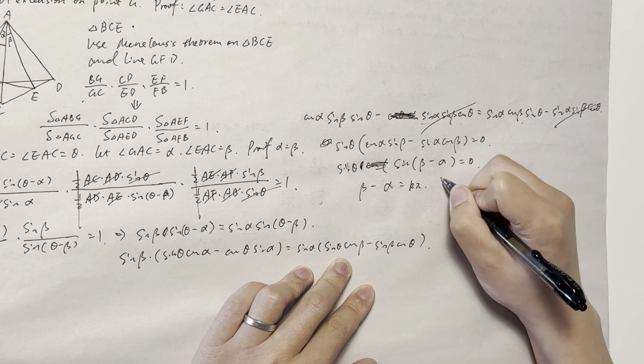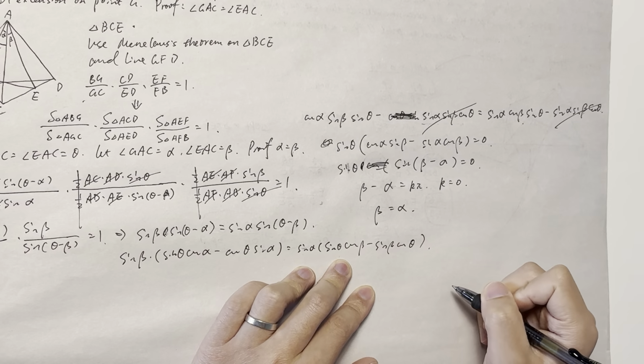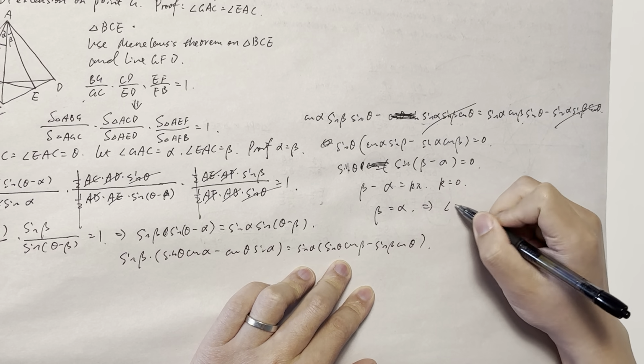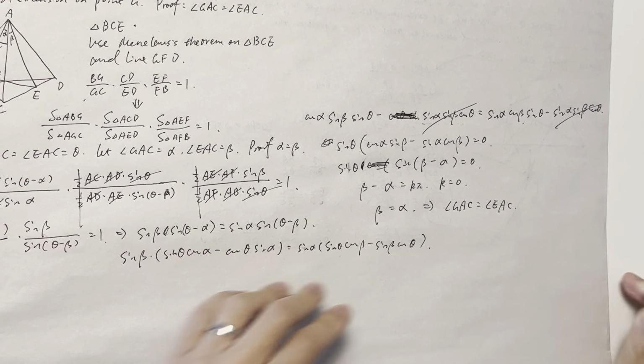So here we have to let k equal 0, which means beta equals alpha. And we prove that angle GAC equals angle EAC.